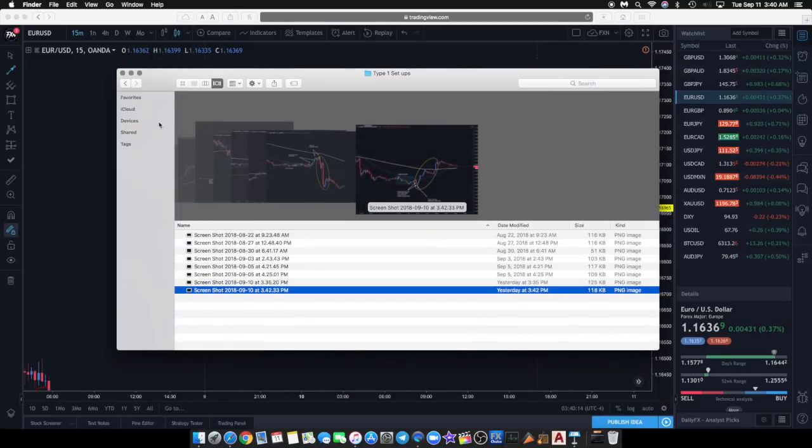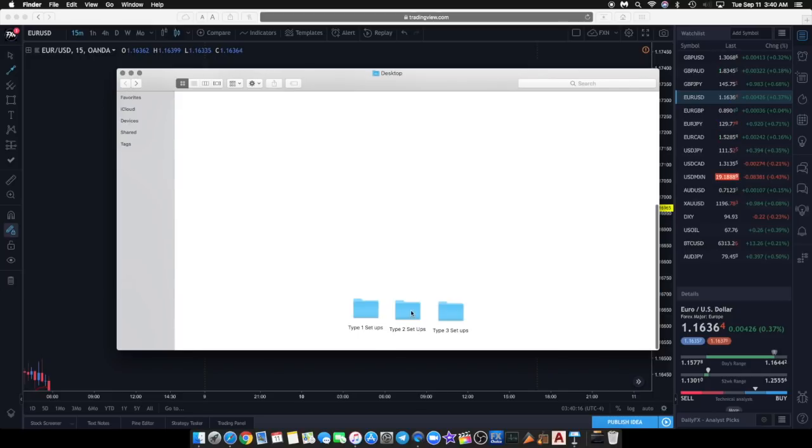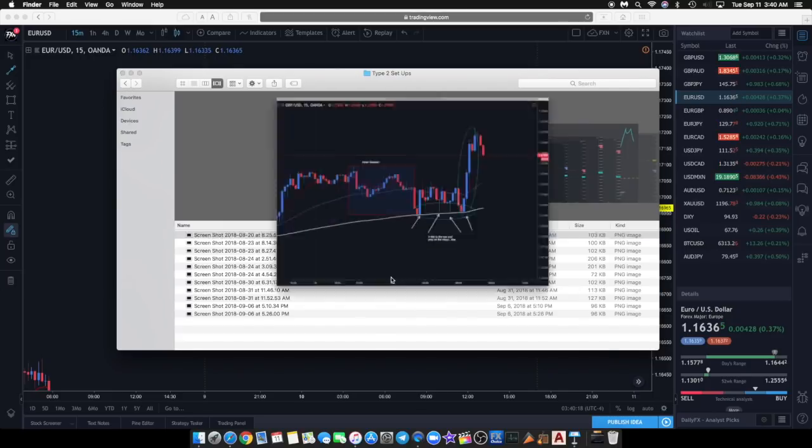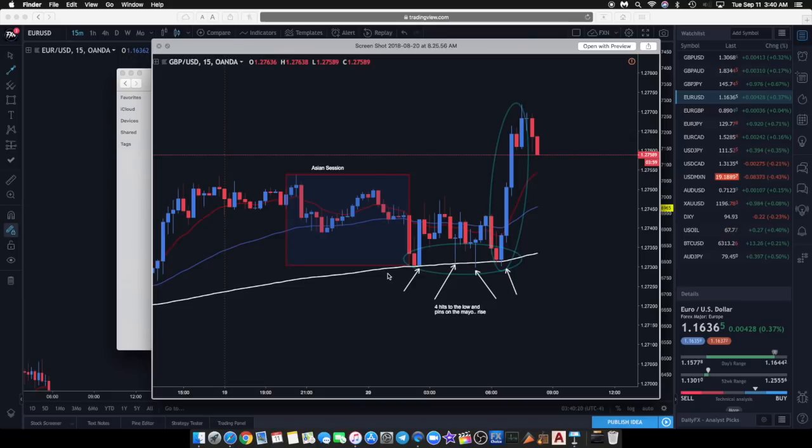All right, let's take a look at type 2 setups here. So here's a type 2 setup. We see the Asian range, and look how we're sticking right to the low of the Asian. We hit it, hit it, hit it, and then finally rise. Okay, when you see something like this, they come back, they hit it the first time, come back up, hit it again, come back up, hit it again.